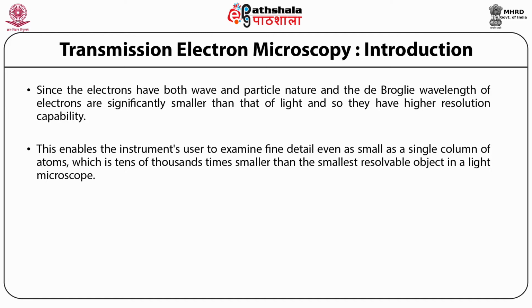This enables the instrument's user to examine fine detail, even as small as a single column of atoms, which is tens of thousands of times smaller than the smallest resolvable object in a light microscope.